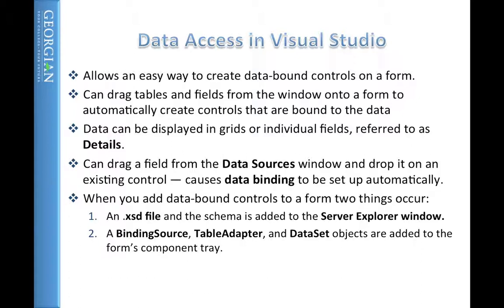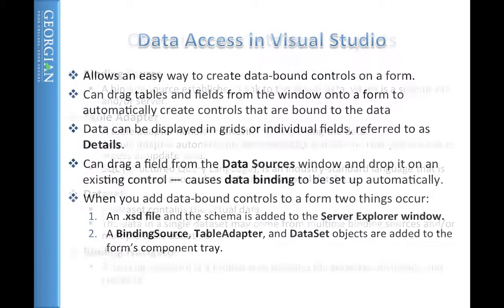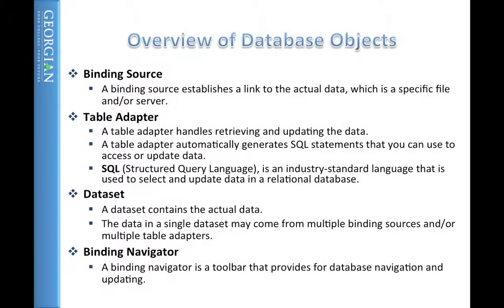You're also going to have a couple of components in the tray: a binding source, a table adapter, and a data set. Those are new components we haven't seen before, and they're automatically generated for you when we create a connection to the database. So here's what they are: a binding source is the link to the data.